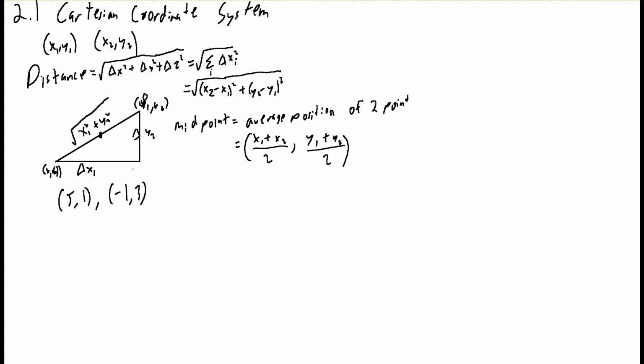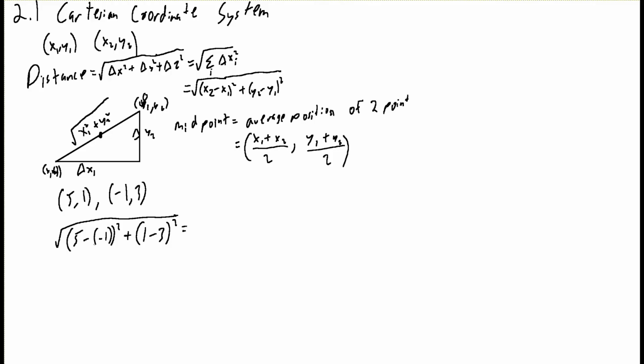Okay. So what's the length of the line between those guys? Well, Pythagorean equation for a distance, the square root of 5 minus -1 squared plus 1 minus 3 squared. All right.